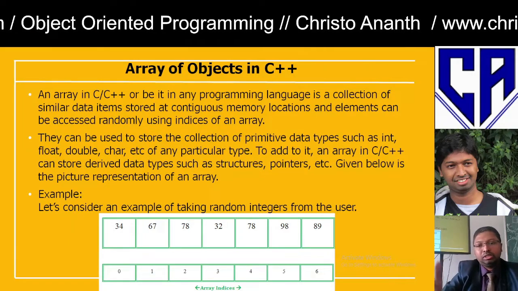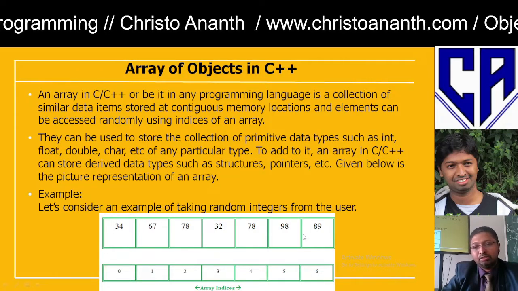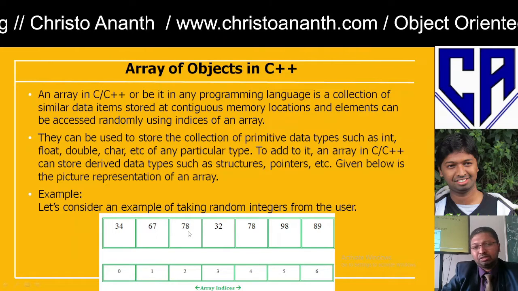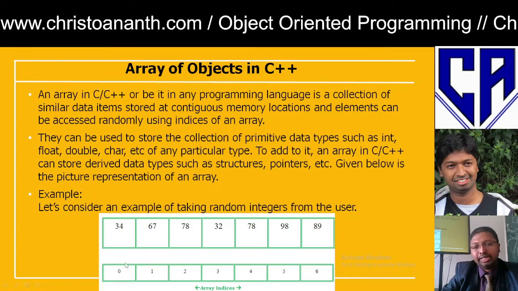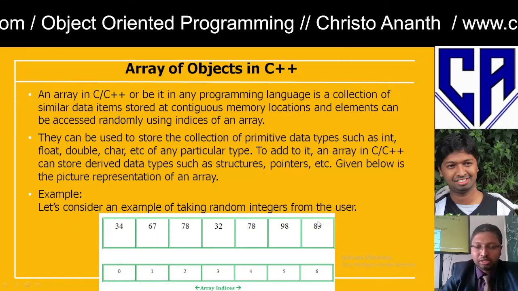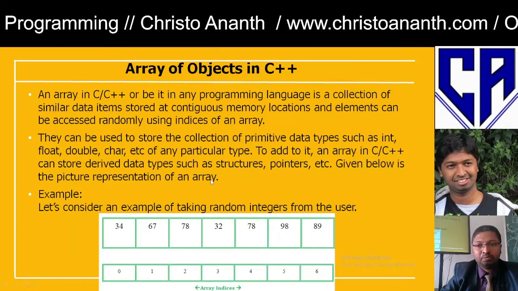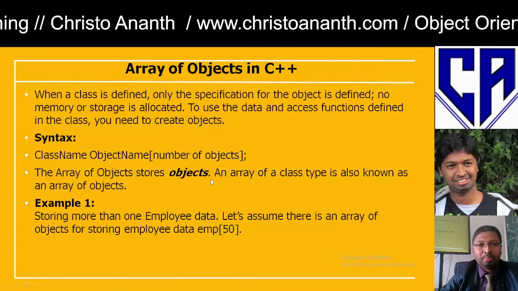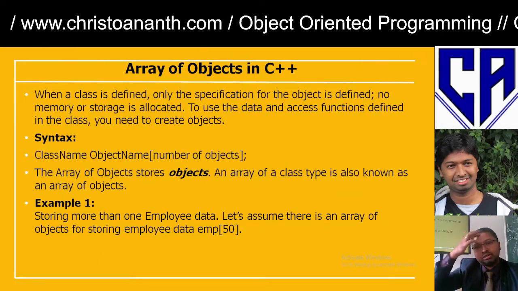Just like in this example, here they have taken only integers: random integers 34, 67, 78, 32, 78, 98, 89, and the array indices start from 0: 0, 1, 2, 3, 4, 5, 6. So these are integers that we are talking about. Similarly you can have floating point or double types.